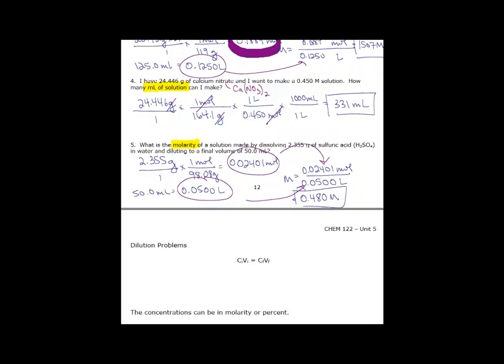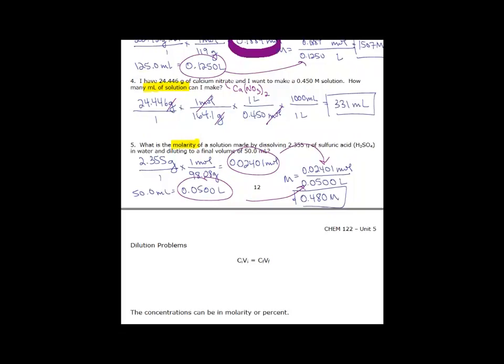So you end up with 0.480 molar sulfuric acid solution. And again, I made you look up the molar mass for sulfuric acid, so I was making you work for it. But that's molarity.